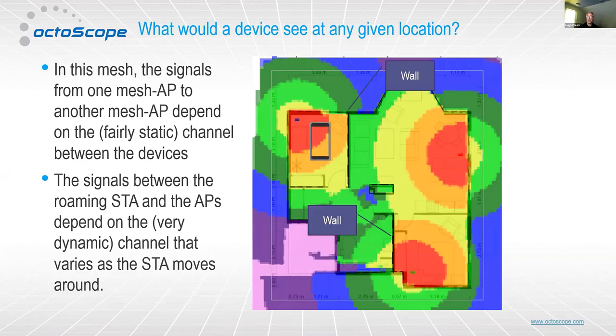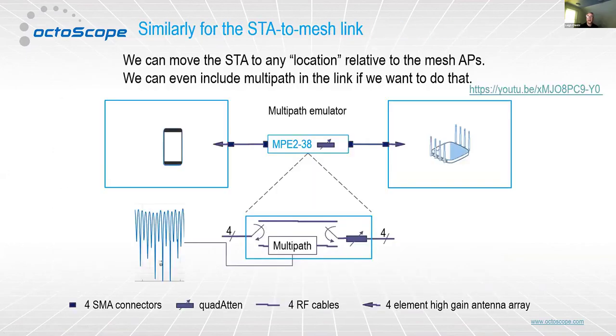But a user device, a station device, will move through the mesh, and at some point will be closer to one of the APs, then it'll move away, and then it'll be closer to another AP, and move away and get closer to another AP. We can do the same exact thing that we just described, except in a more dynamic fashion, by changing multiple attenuators simultaneously, essentially creating motion automatically without actually moving anything.